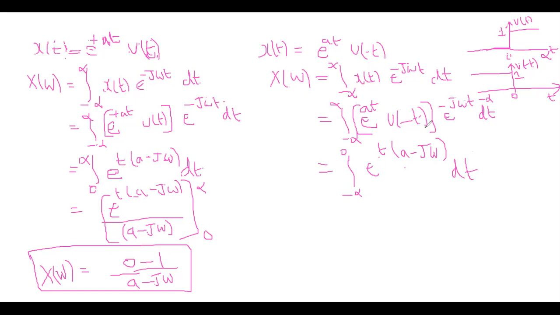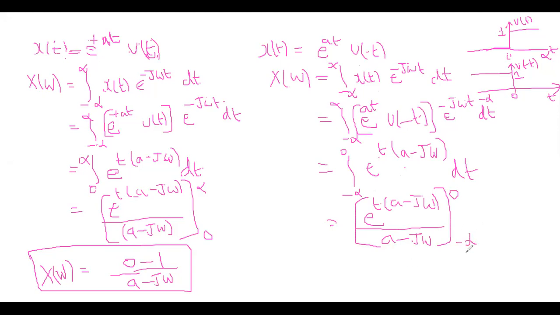So mu of minus t is equal to 1, and now the limits change from minus infinity to infinity into minus infinity to 0. Now e power t into (a minus j omega) whole divided by a minus j omega, with upper limit 0 and lower limit minus infinity.